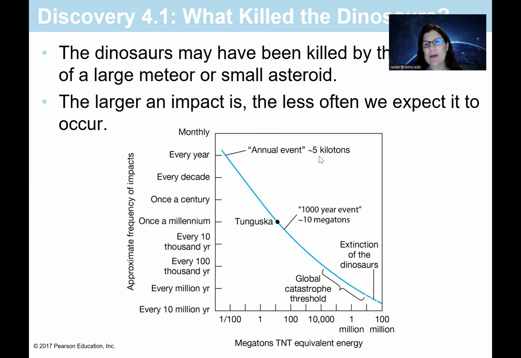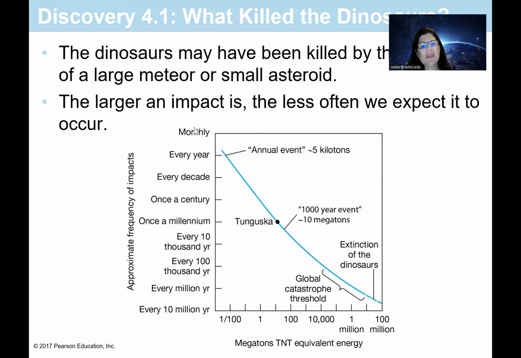In another job, I was a safety analyst. So if something is very, very, very bad, thankfully, it doesn't typically happen very often. If something is not very dangerous, it can happen all the time, right? So here we have megatons of TNT equivalent energy, and over here we have approximate frequency of impacts.